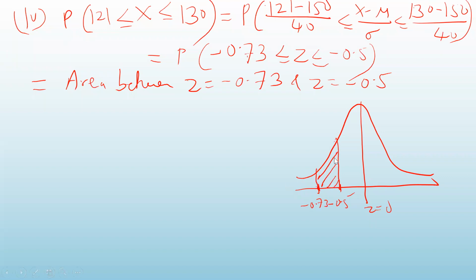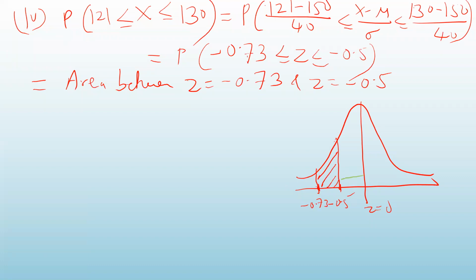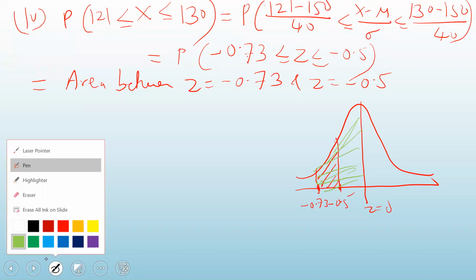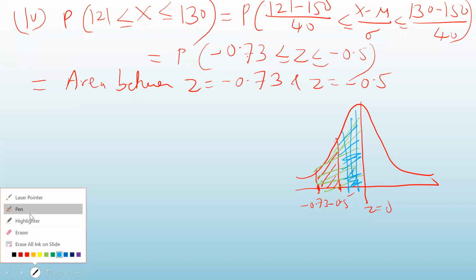Okay. How will you get this area? Say the area between Z equal to 0 and Z equal to minus 0.73, this green color. From this entire area, if you subtract the area between 0 and minus 0.5, which I am showing with the blue color, then you will get the area between minus 0.73 and minus 0.5.